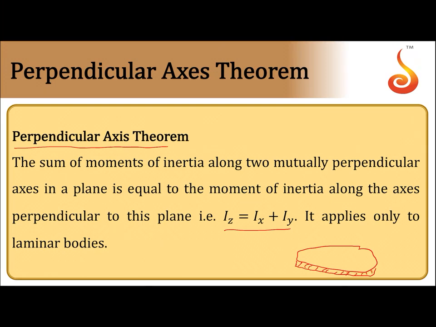In the plane of the body there are two axes. Let us say this is the x axis, this is the y axis, and through the same point I will draw one more axis which is perpendicular to the plane, this is the z axis. Then the moment of inertia of the body about the z axis is equal to the moment of inertia about the x axis plus the moment of inertia about the y axis. This is what the perpendicular axis theorem says, and it is valid only for a planar body, that is a two-dimensional object, not for a three-dimensional object.